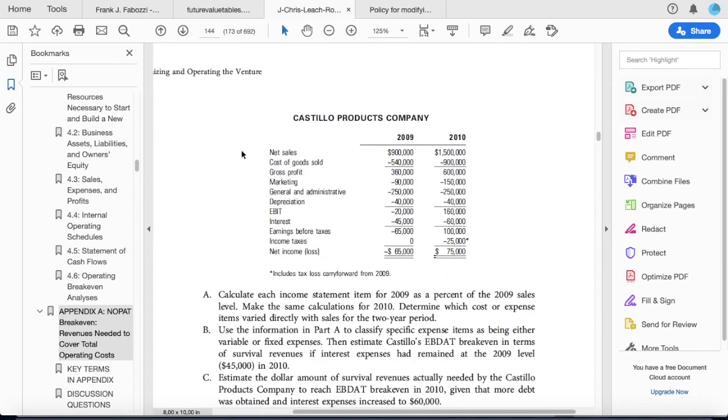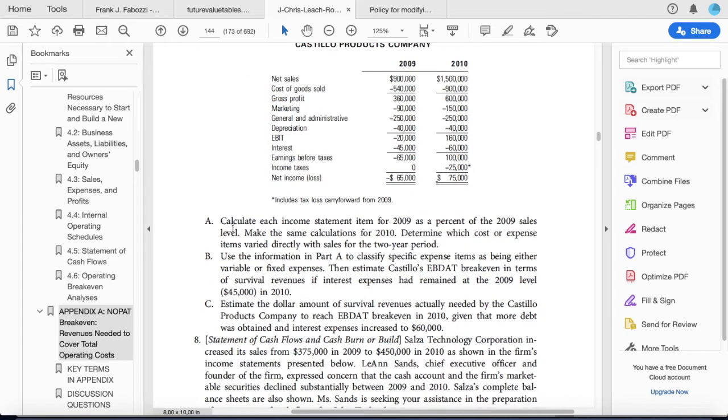So these are the income statements for the years 2009 and 2010. Now, the first task is to calculate each income statement item for 2009 as a percent of the 2009 sales level, and do the same thing for 2010. Then determine which cost or expense items vary directly with sales for the 2-year period.